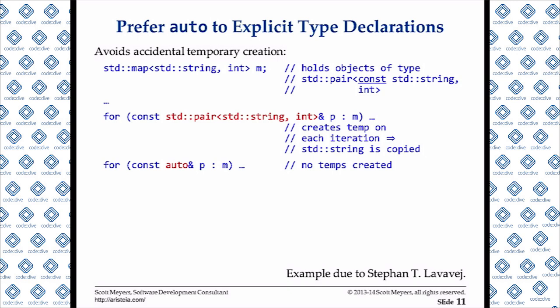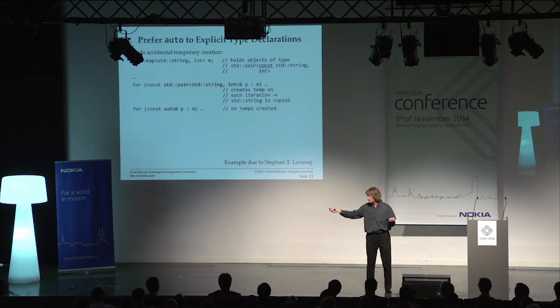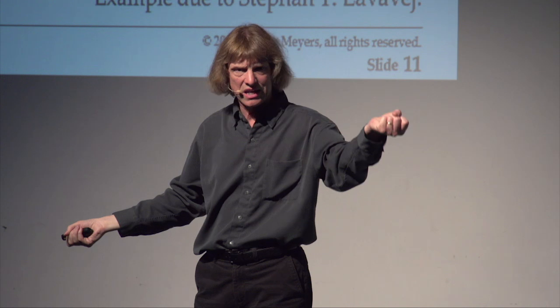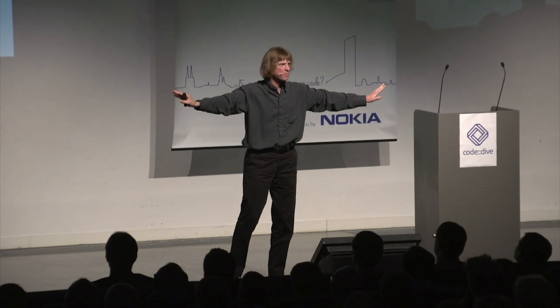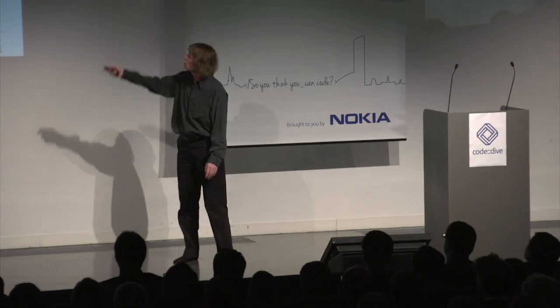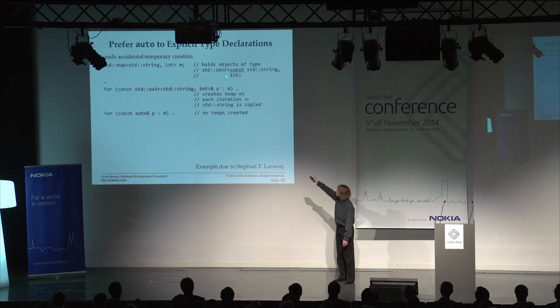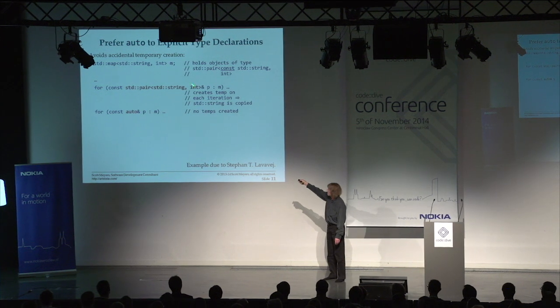But the reference is to a totally different type, a reference to a pair of string and int. Now, to human beings, pair of const string and int and pair of string and int are very, very similar. But to compilers, these are completely different types. They have absolutely nothing to do with one another, which means the compiler will try to find a way to convert the type over here, which is a pair of const string and int, to the type that's over here, which is a pair of string and int.